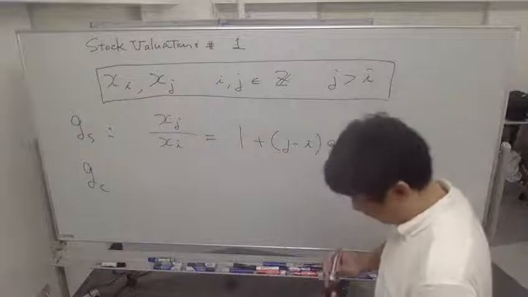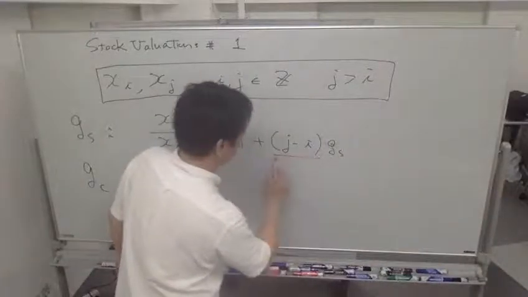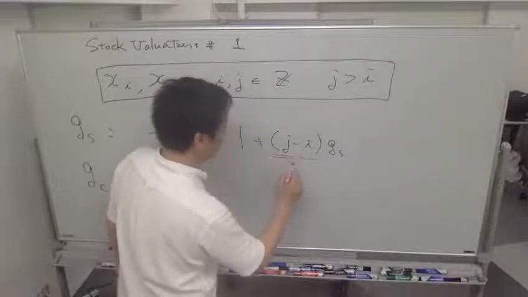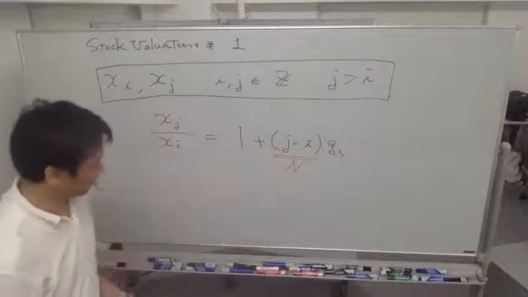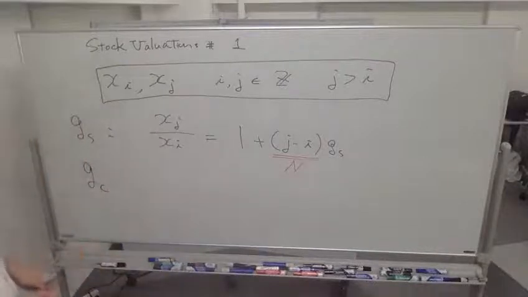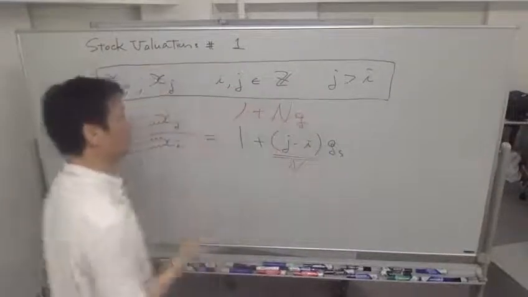In other words, as I mentioned before, these j minus i things are n.